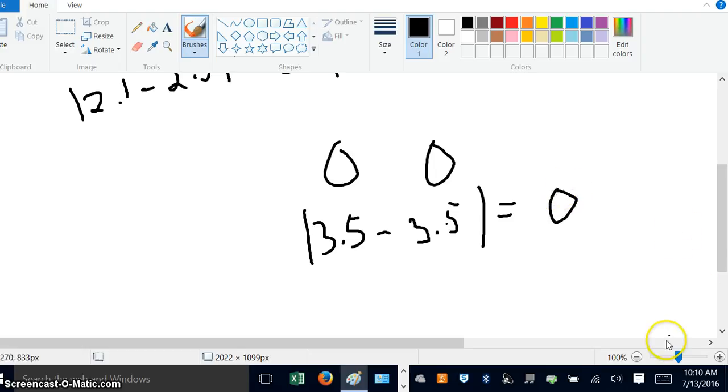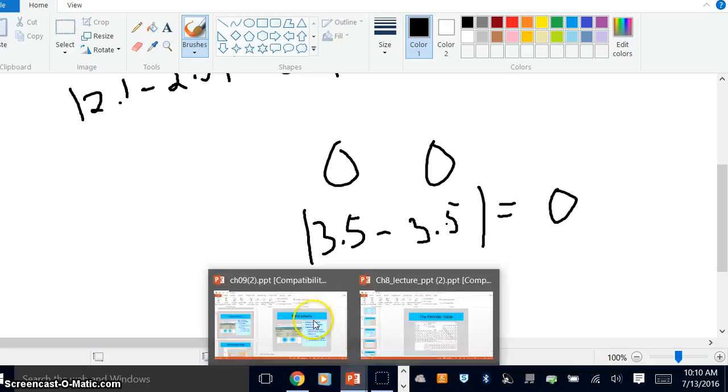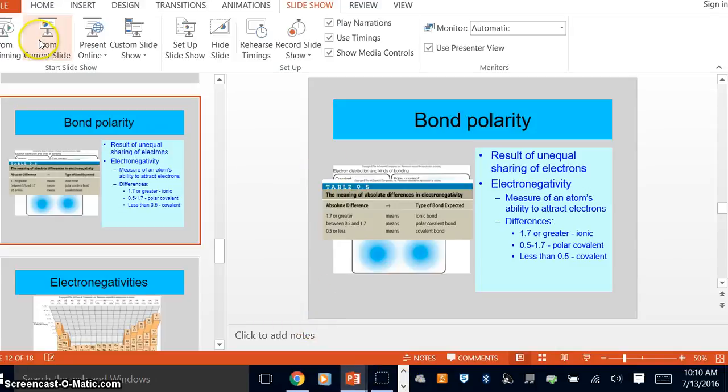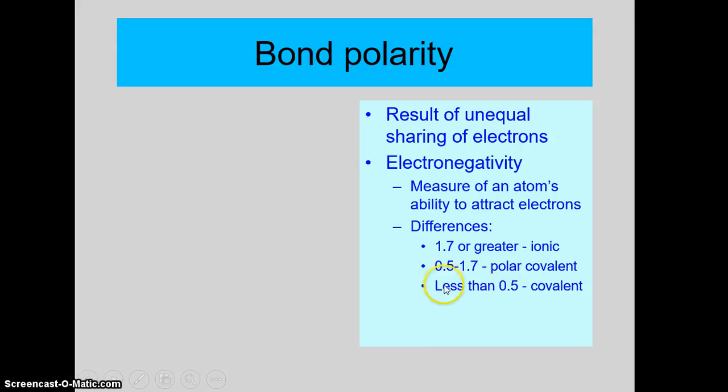You go back to the chart, and that's clearly below 0.5. 0 is always below 0.5. So it's less than 0.5, and that would be covalent. So something bonded to itself is a covalent bond, at least that's what the prediction using the electronegativity gives us.